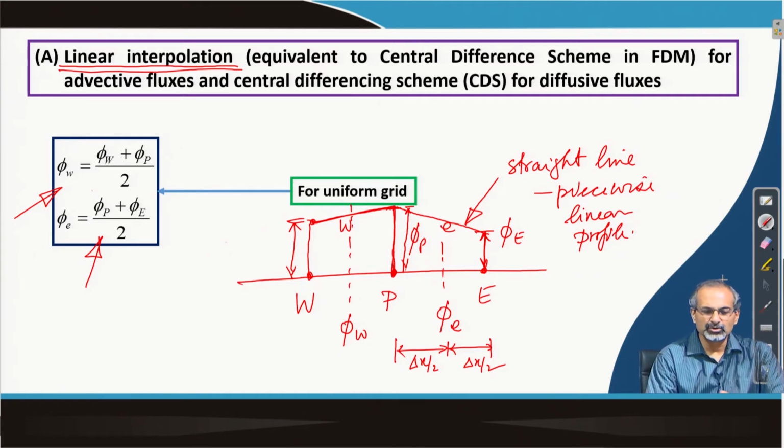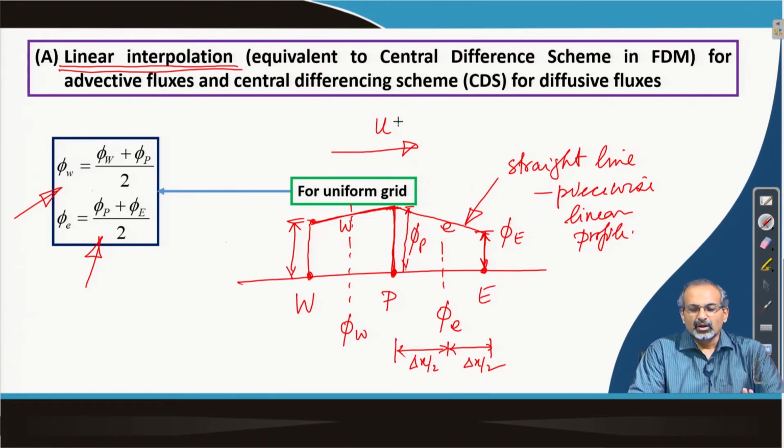Now, as we do that, remember that we are handling advection flux, and we are not paying attention to the direction of the flow. So, we are paying equal weightage to nodes irrespective of flow direction. That is something that we are committing over here. Would it affect the calculations in any way?